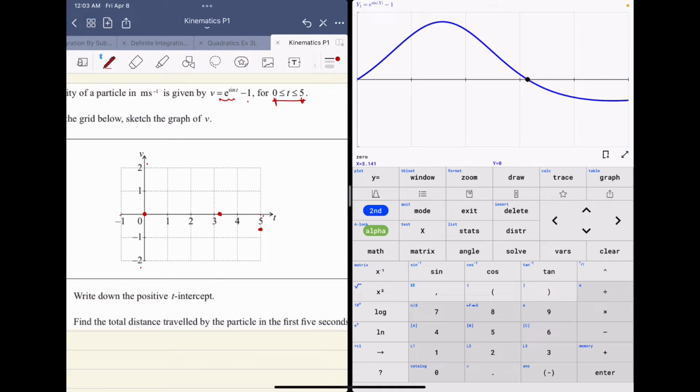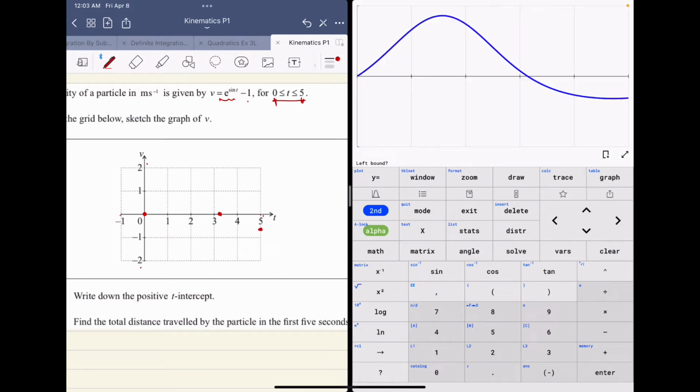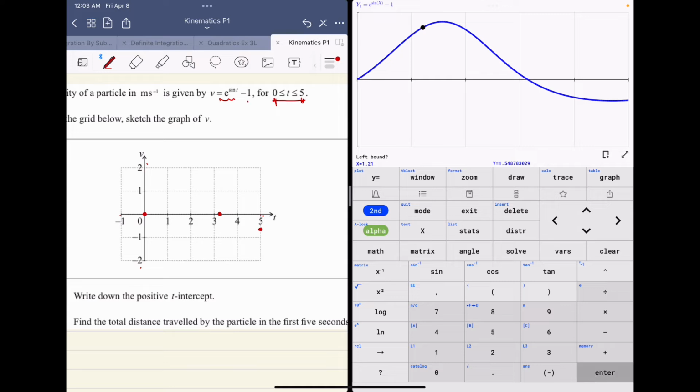Now I am finding one more, that is the maxima point. So go in second and trace. Maxima is the fourth option. Again they say left bound. So before, enter. Right bound, after, enter. You can see the answer is 1.57, 1.718. 1.57 is approximately coming here and 1.718 is approximately coming somewhere here.